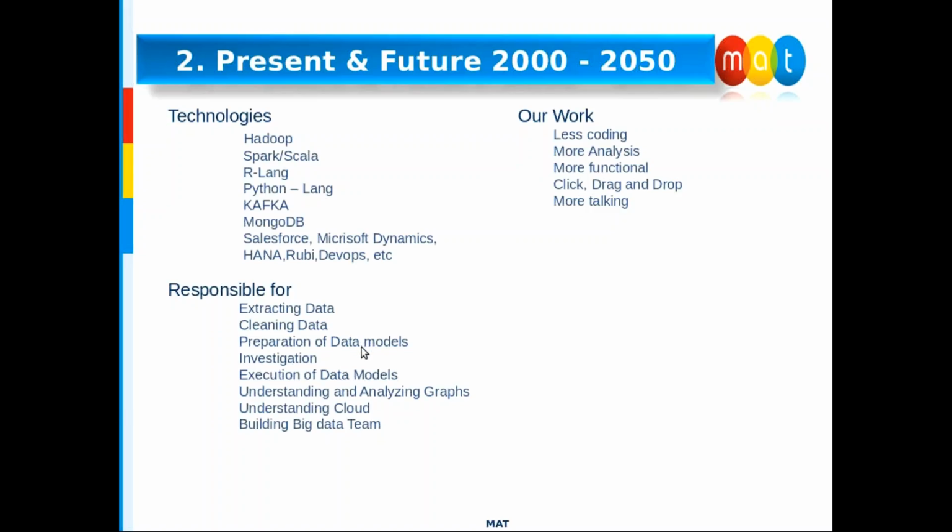You will be responsible for what? In the present scenario, you are more of testing your programs, more of developing your programs, right? Then more of moving to production, release, implementations, UAT, all that stuff, right? So now, when you come to big data technologies, most of the time you'll be working with the extraction of data.